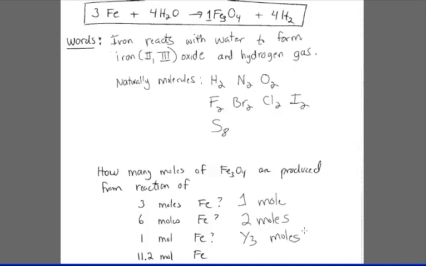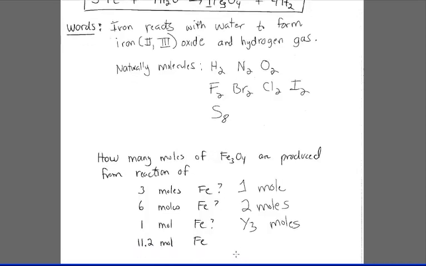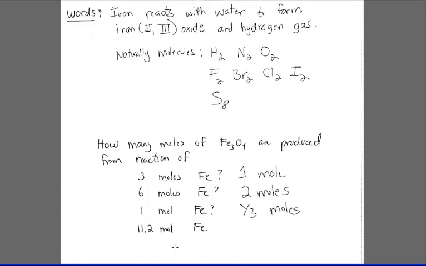When you answer those kinds of questions, you are really doing a conversion in your head, which is easy with these numbers I just gave you, 3, 6, and 1, but for any other number, you need to understand what the process is. So let's do it for 11.2 moles. You take your 11.2 moles of iron, and you multiply by the ratio of what you want to get, 1 mole of iron oxide per 3 moles of iron.